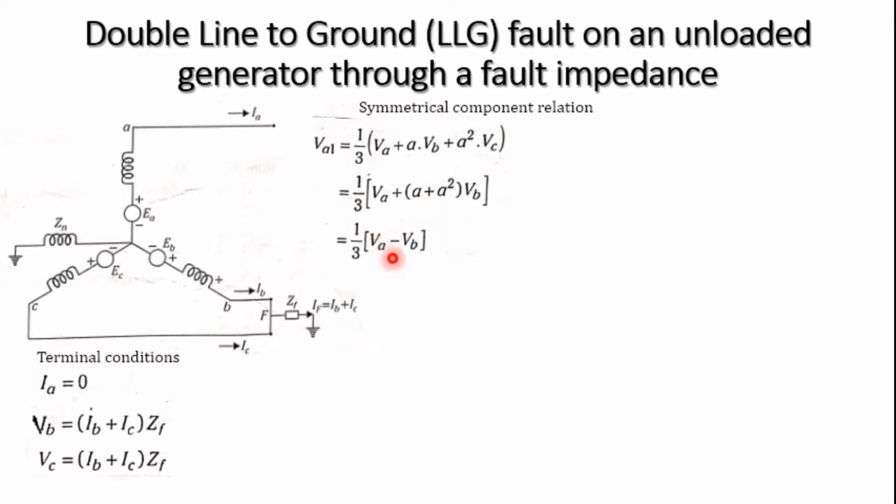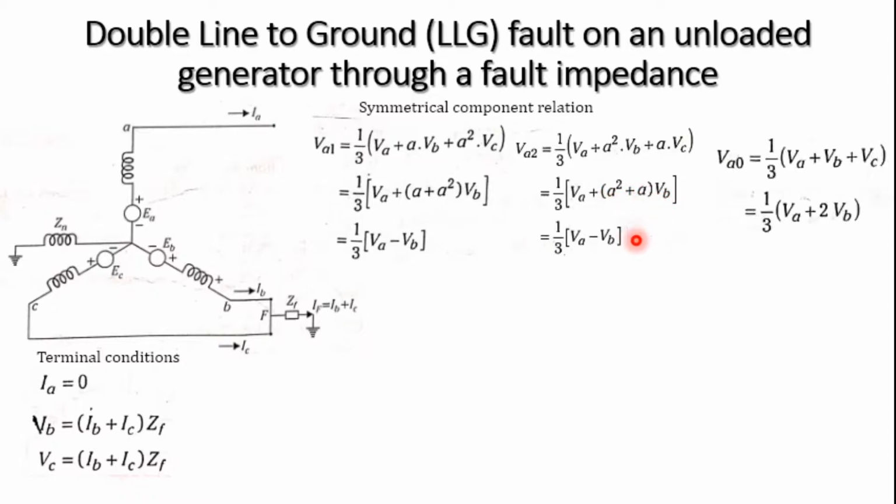Hence this becomes 1 by 3 times Va minus Vb. Similarly, Va2 is 1 by 3 times Va plus a² Vb plus a Vc. With Vc equal to Vb, this becomes a² plus a times Vb, so Va minus Vb. Hence 1 plus a² is equal to 0 and a plus a² becomes minus 1.